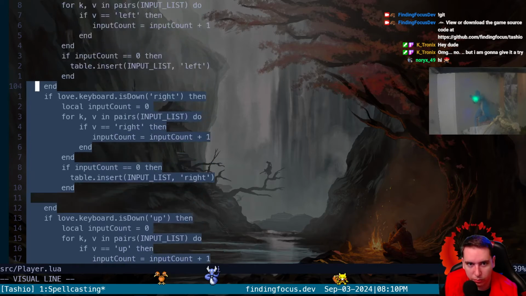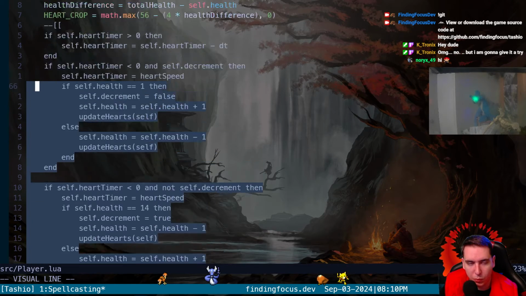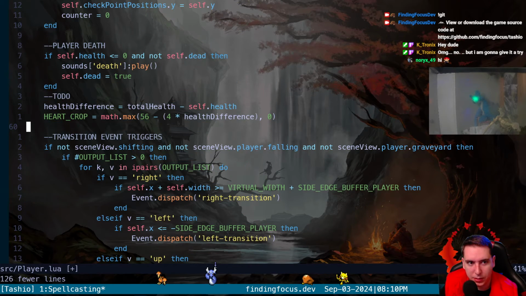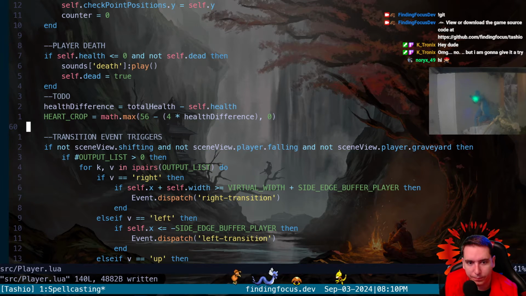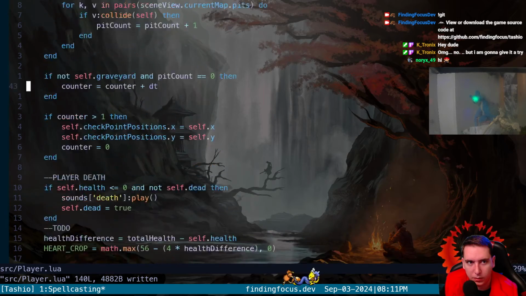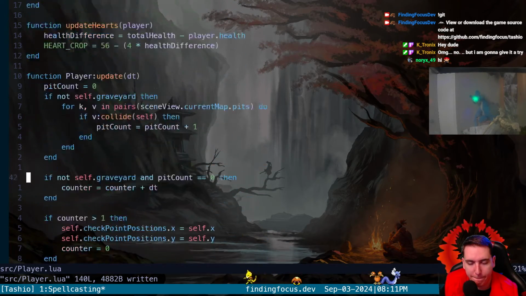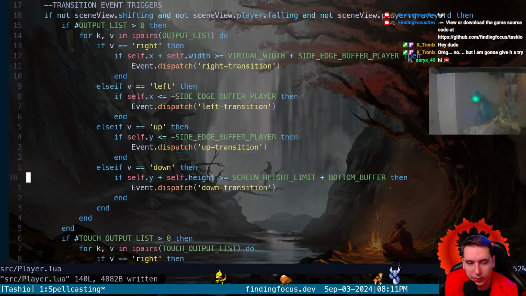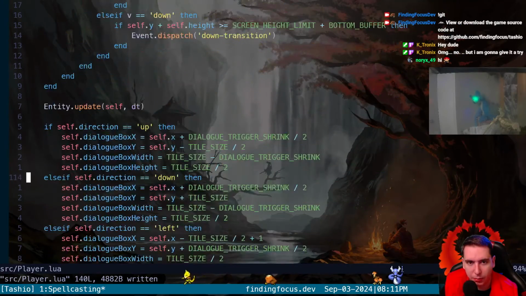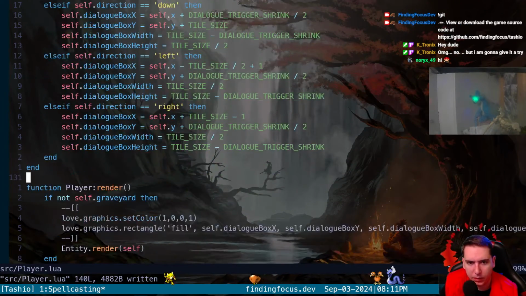So this was our old direction. And we compartmentalized it into one spot, into our walk state instead of our player class. So that's nice. But we aren't scaling our slow to stop correctly. And I don't know why.